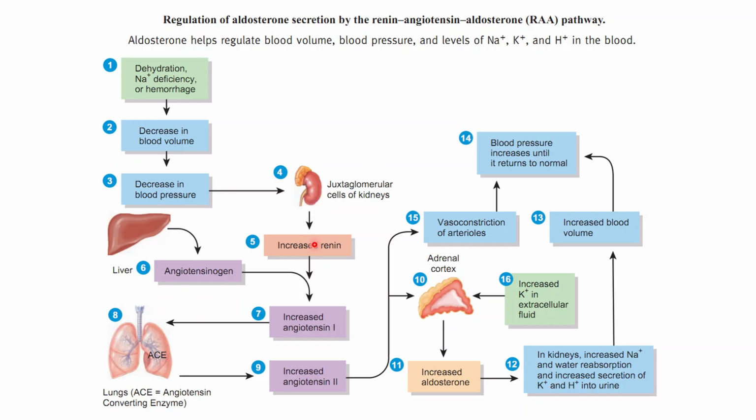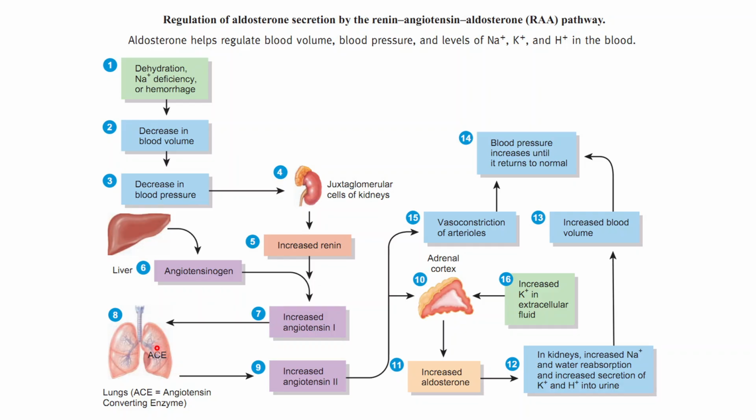So renin initiates the conversion of angiotensinogen, which is produced by the liver, to angiotensin 1. Then angiotensin 1 is further converted in the lungs by an enzyme called ACE, angiotensin converting enzyme.